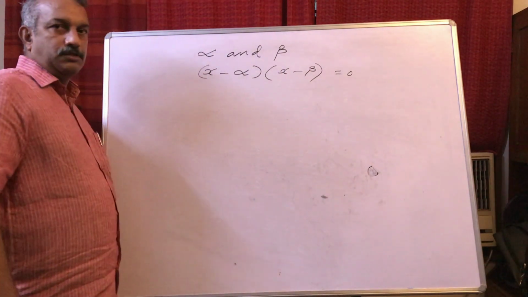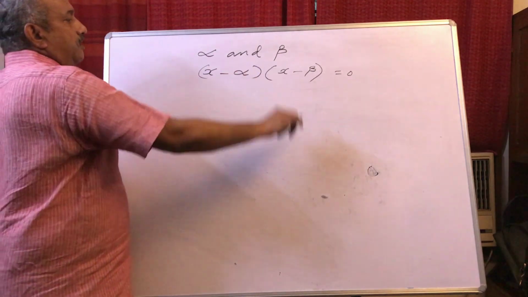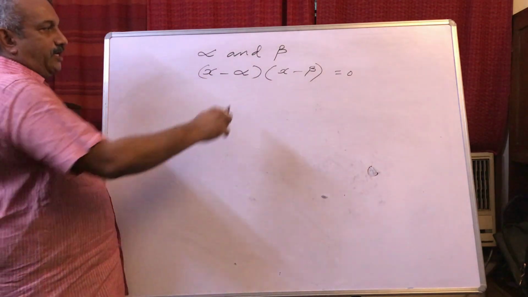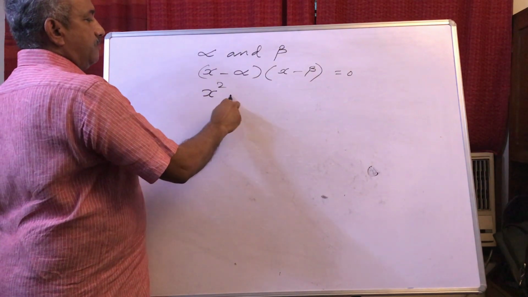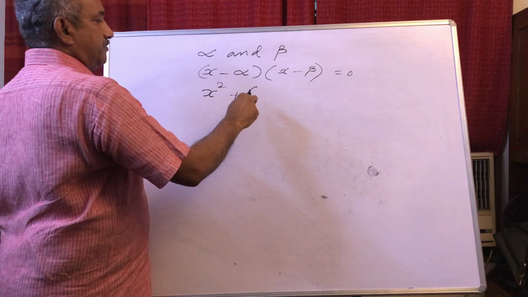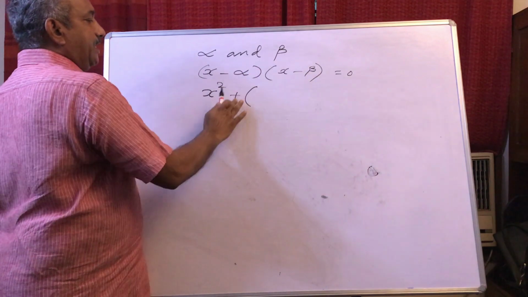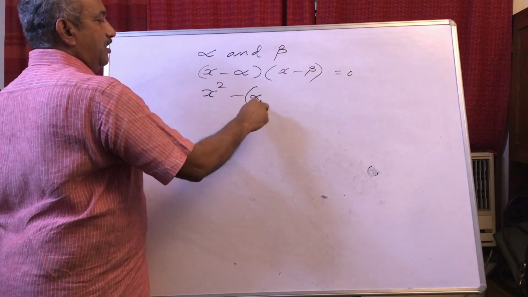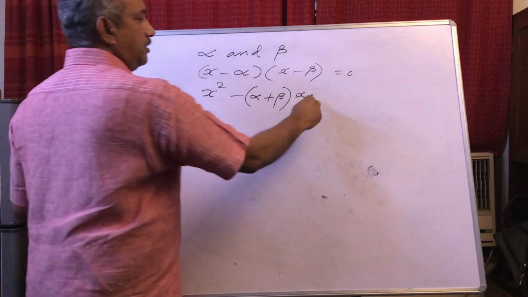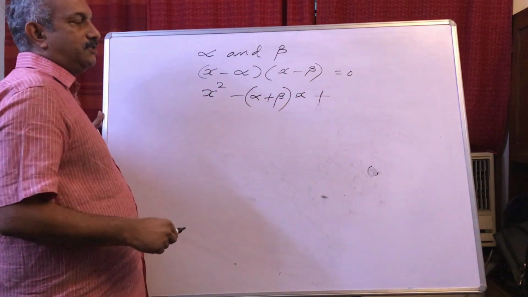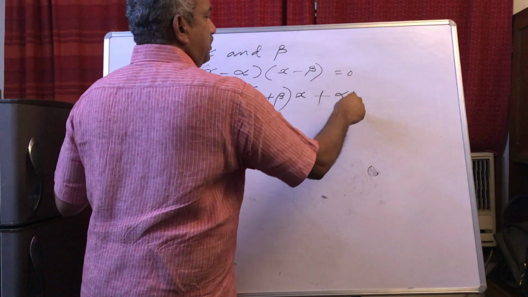Like this you can use it, or using the fourth identity you can expand it: x square, the square of the first term, plus the sum of the numbers, both are negative, so it will become minus (alpha plus beta) into x, plus the product of the numbers, minus into minus, plus alpha beta.